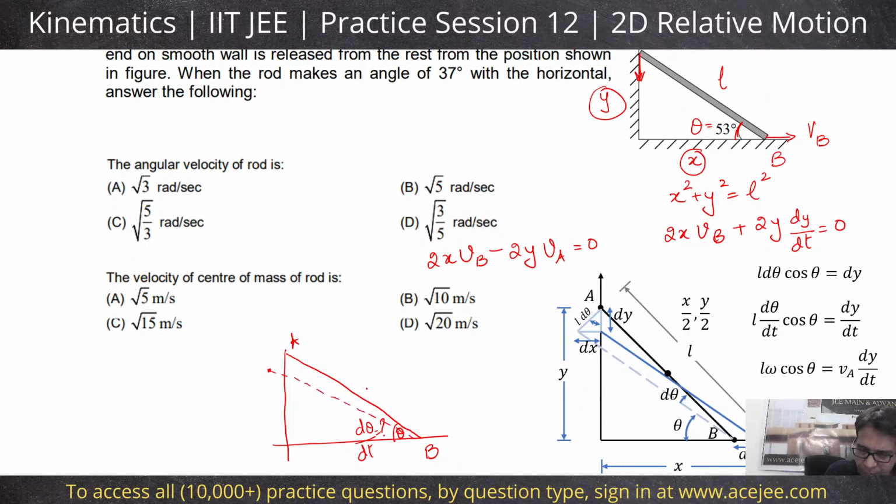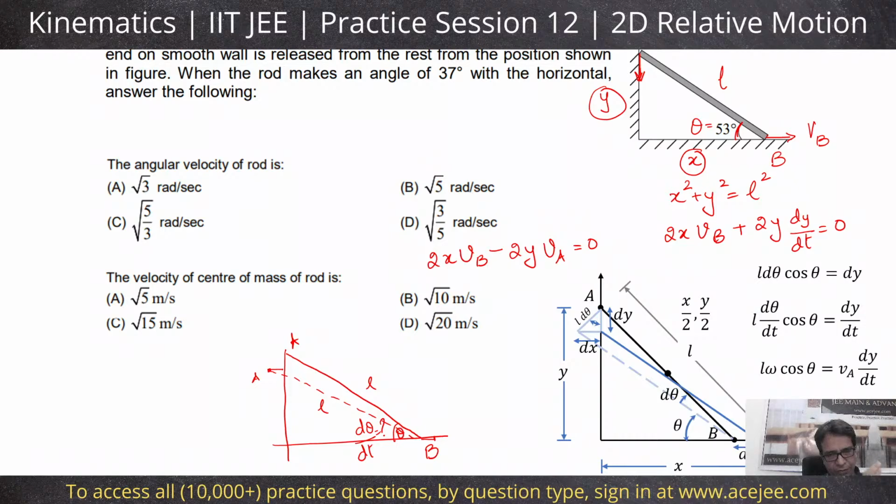This is length L. Now, move B by this much distance so that point A is back again on the wall. Break the motion into two steps.